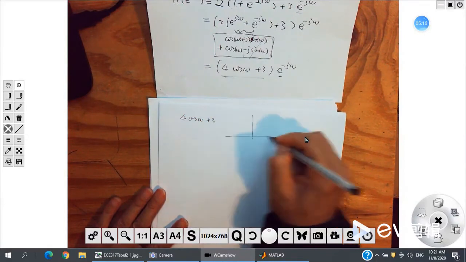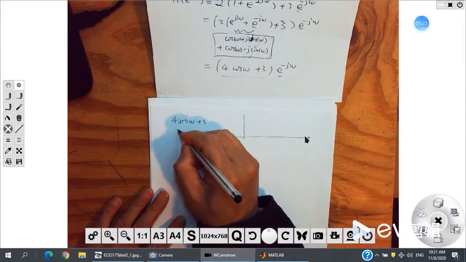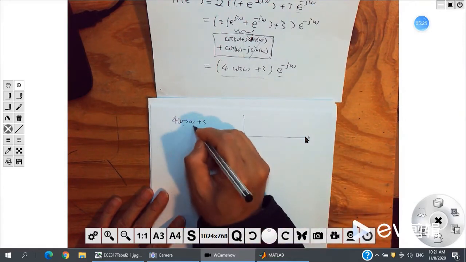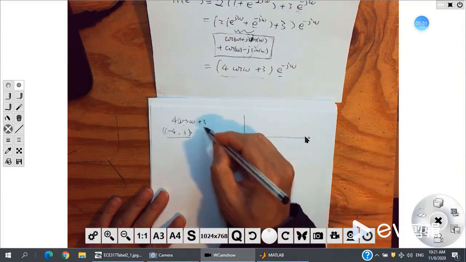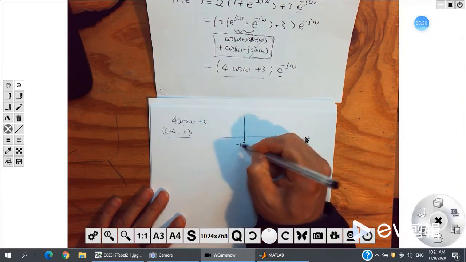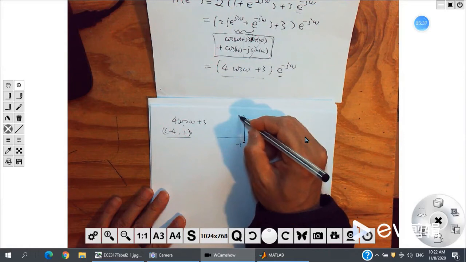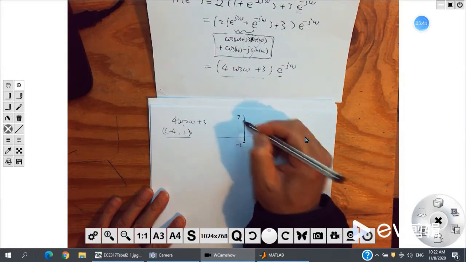You can draw a graph. Cosine is between negative 1 and positive 1, so 4 cosine ω is between negative 4 and 4, and plus 3, so the value goes from negative 1 to 7.